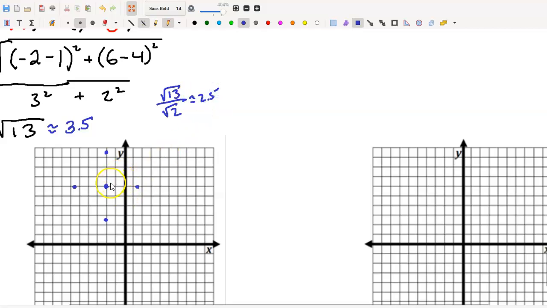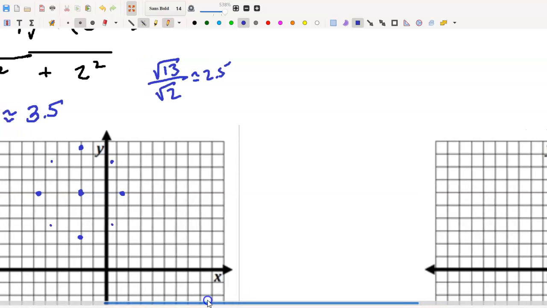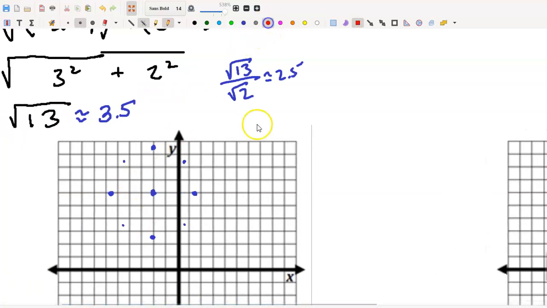And that's the distance you would travel diagonally. You can go 1, 2.5, and then go 1, 2.5, 1, 2.5, and then 1, 2.5. And you can see now it's a little bit easier to draw a realistic looking circle freehand this way.